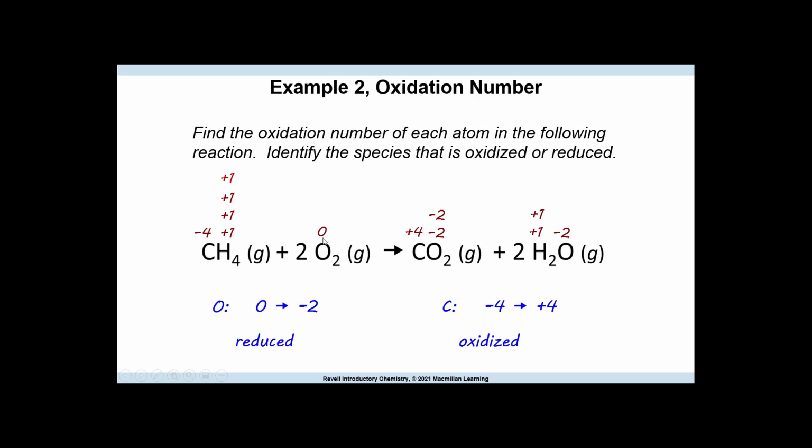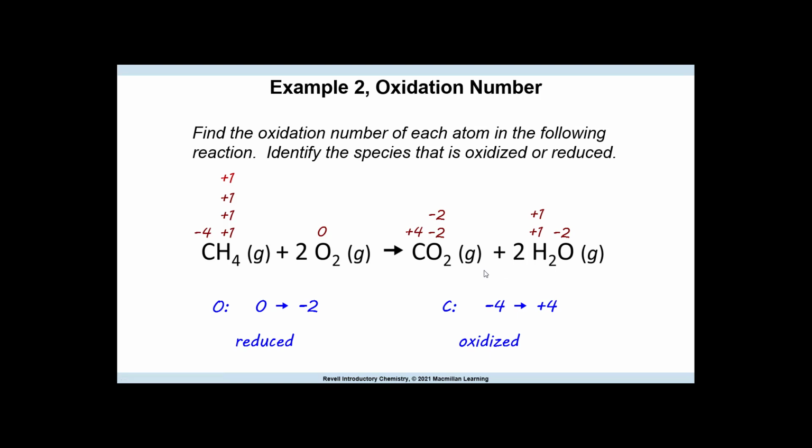It gained electrons from a 0. It took in 1 electron, which made it negative, then took another electron and made it -2. So it was reduced down. So where did those electrons come from? Well, carbon was oxidized. It went from a -4 to a +4. So it lost a lot of electrons because it even had to get to 0. So it lost 4 electrons just to get to a 0 state, and then it lost more electrons.